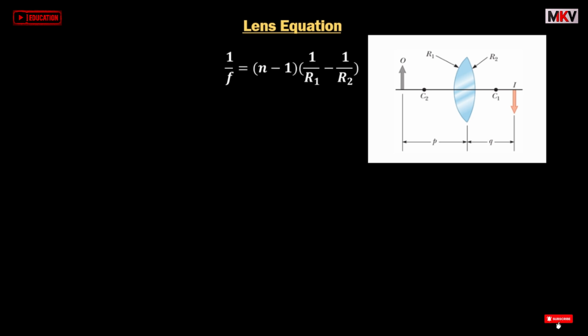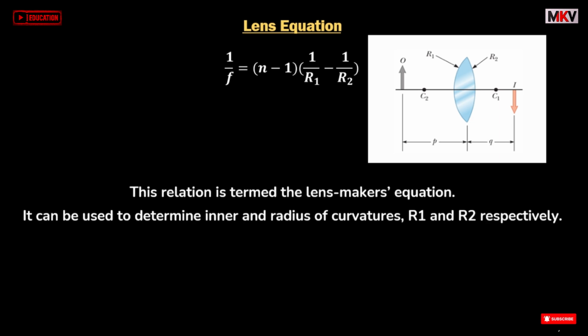This relation, 1 over f is equal to (n minus 1) times (1 over R1 minus 1 over R2), is termed the lens maker's equation. It is used to determine the inner and outer radii of curvature of the lens. R1 is for inner radius and R2 is for outer radius, respectively.